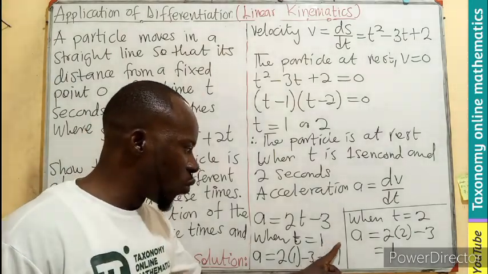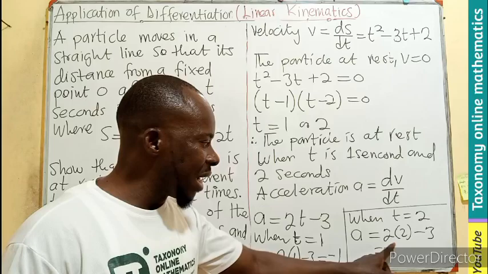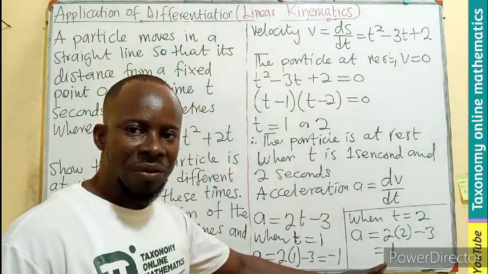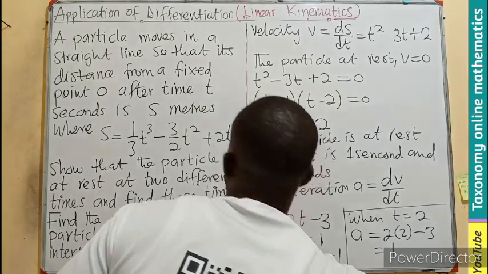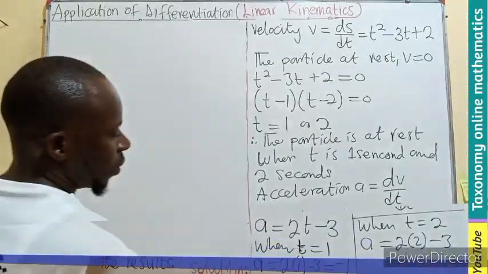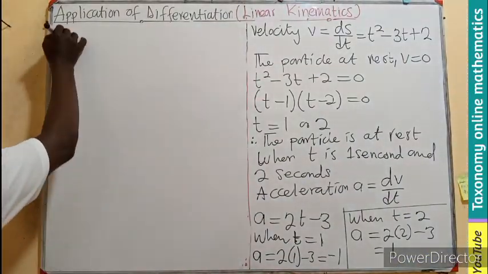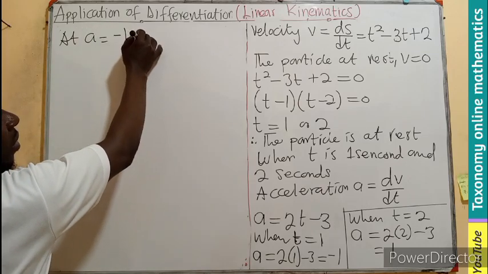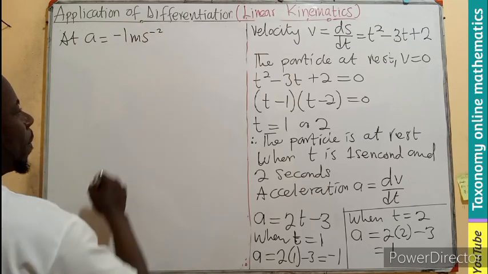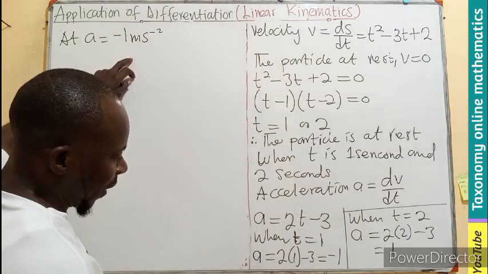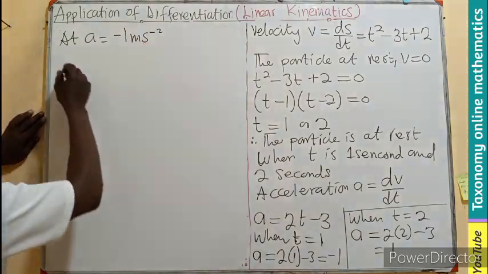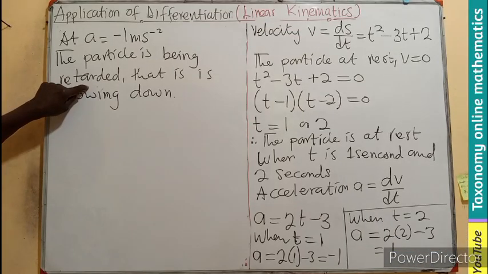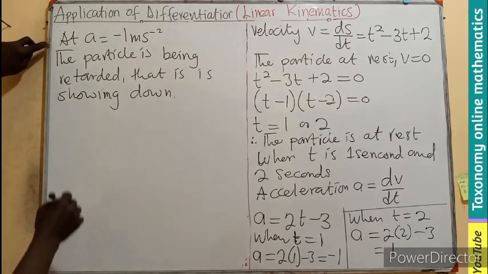We have to interpret what this means and what this means. We know this is going to be retardation, and this is going to be acceleration. So let's do the interpretation. For the first one, at a equals minus 1 meter per second squared, the particle is being retarded, or decelerating, or slowing down.